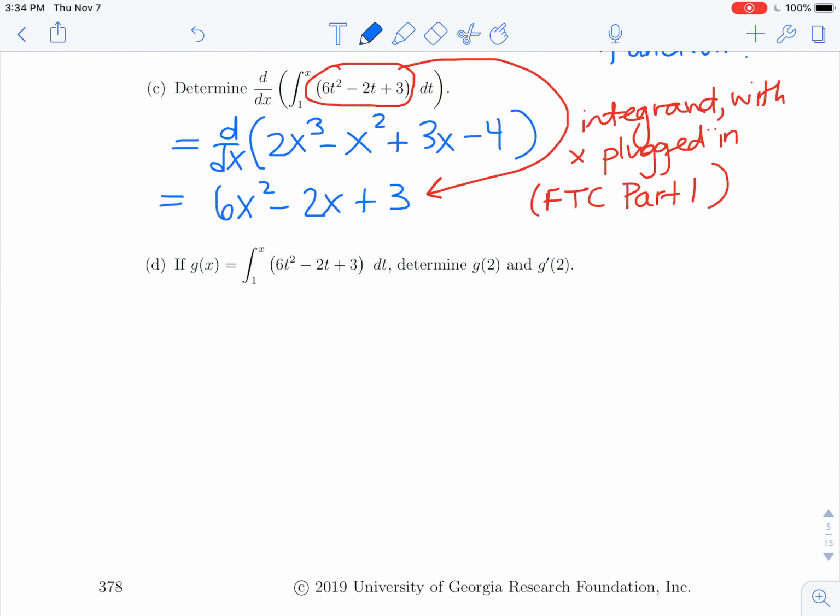So if g of x is the definite integral from 1 to x of 6t squared minus 2t plus 3 dt, determine g of 2 and g prime of 2.